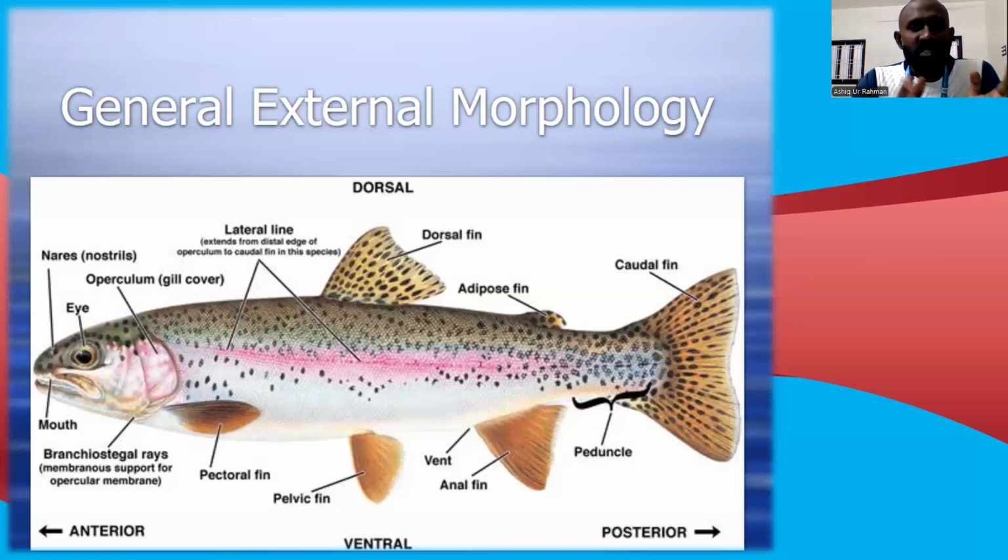The side of a fish which has the head region is called anterior side, and the opposite side which comprises the tail is called posterior side. The upper side is called dorsal side, and the belly, the bottom side, is called ventral side, right?